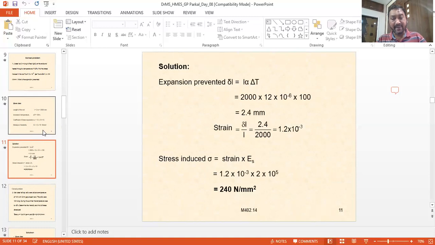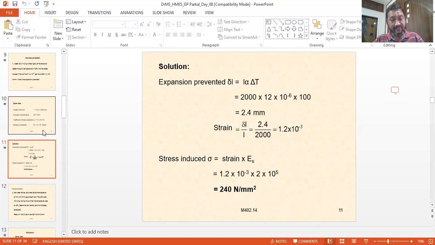Multiplying the two values, we get the stress value equal to 240. Because we have taken everything in millimeters and newtons per square millimeter, the stress induced will be in newtons per square millimeter.